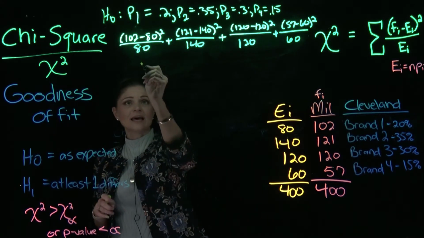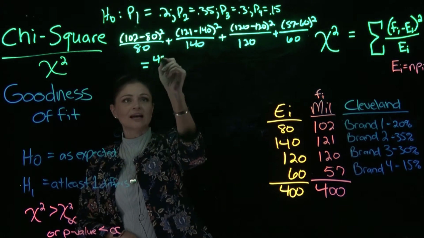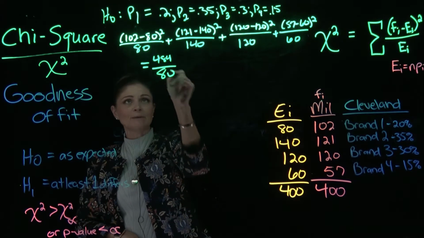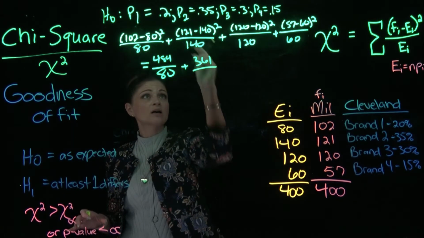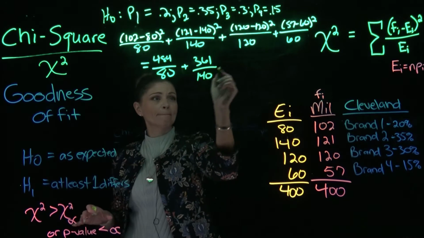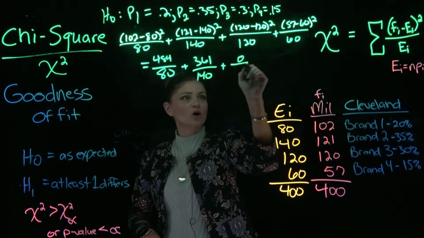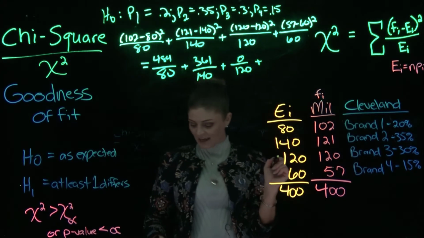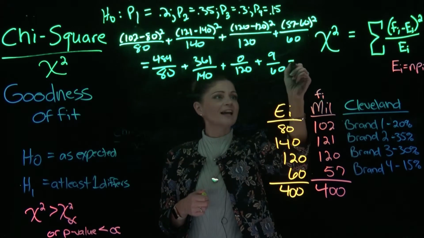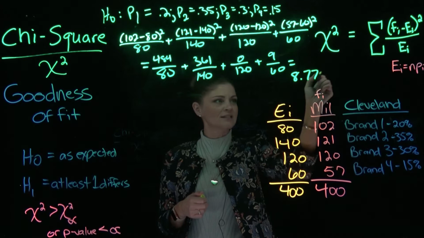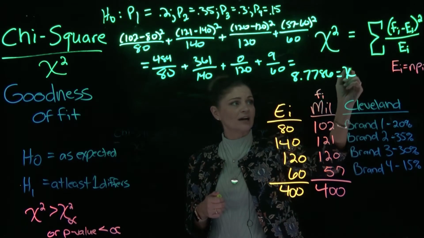If we do all the math in that, we should get 484 over 80 for our first one. We're going to add that to 361 over 140 for our second one. Add that to 0 over 120, and then add that to 9 over 60. We work all of that out and we get 8.7786. Now this right here is our chi-square.